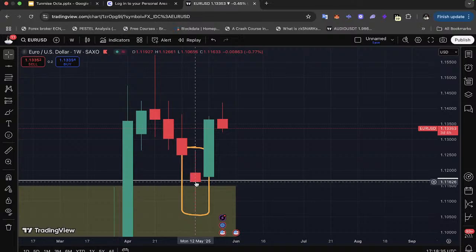Let's make this an interactive session. What kind of candlestick can you see? I'm waiting. What kind of candlestick is this? The one I put in a box.